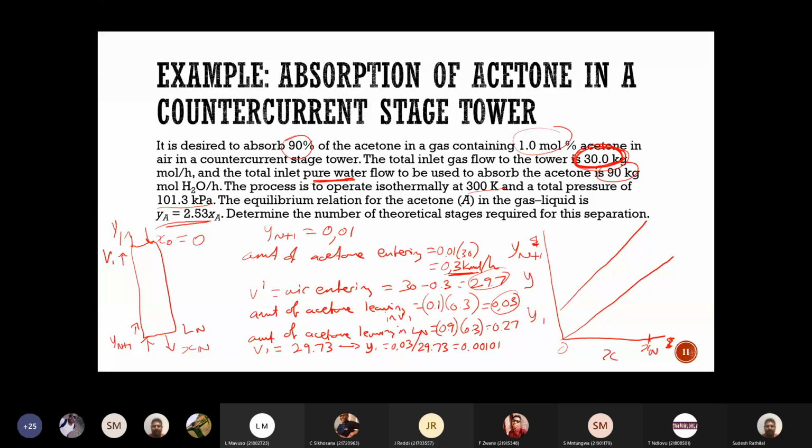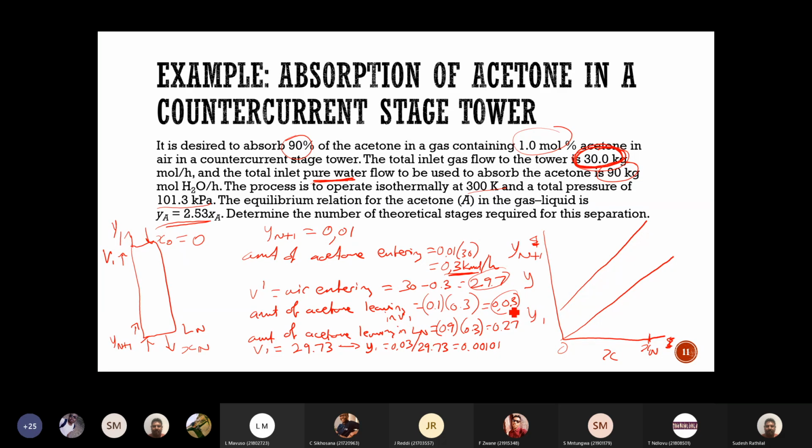How do I work out mole fraction? Mole fraction is the moles of the particular component divided by the total number of moles. That's what I want to find out. This Y1 that I've got here is a mole fraction. If I know the amount of acetone coming out and the total moles, then the amount of acetone divided by the total moles will give me the mole fraction. The amount of acetone leaving in V1 is 0.03 kilomoles per hour.